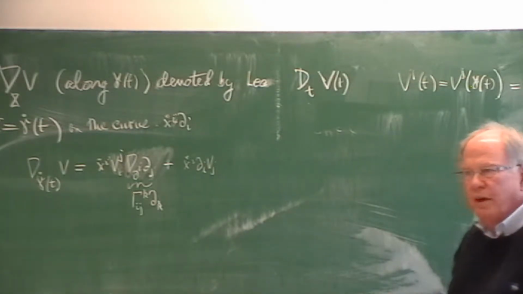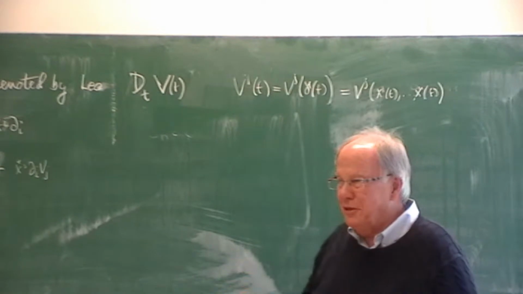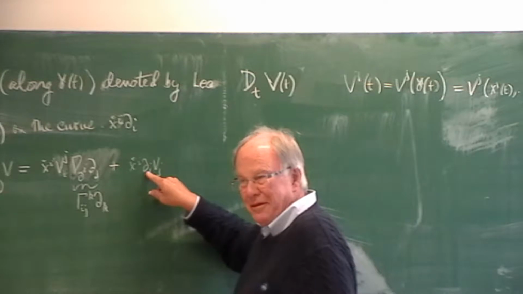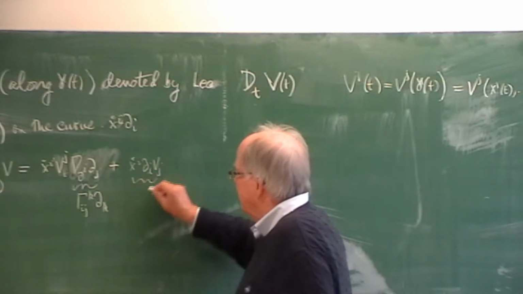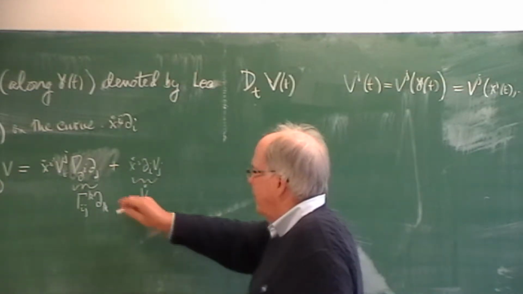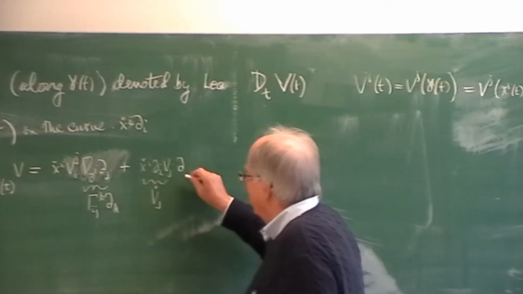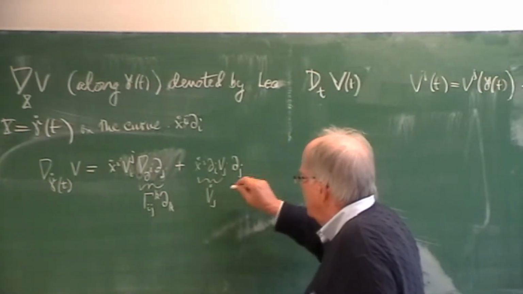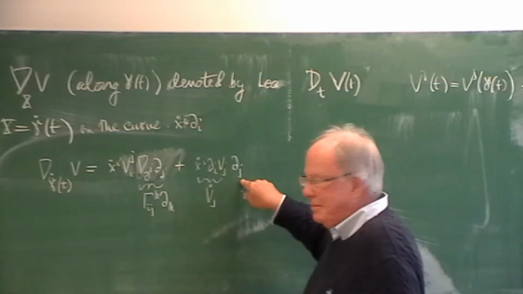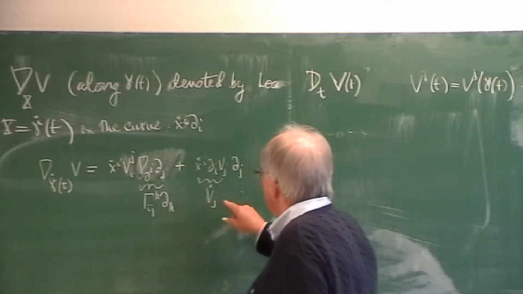And when you differentiate it, you use somebody's rule. Maybe it's called the chain rule. You differentiate the outside and so on. So look at what we have. This is the inside derivative and this is the outside derivative. So I'm tired of this thing. I just call this V^j point because that's all it is. And I don't like this because I have a k here, so I'm going to change that.